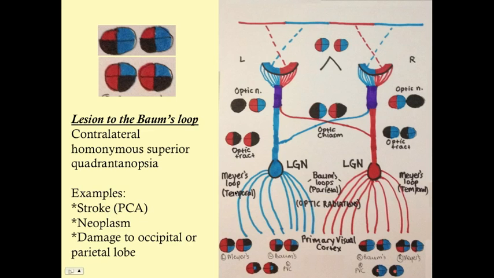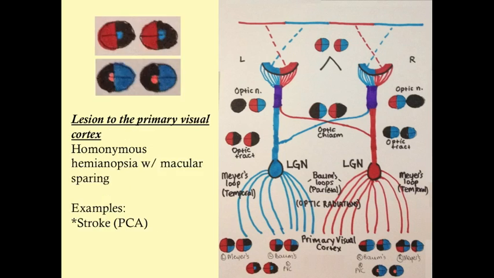Now, if you have damage to your primary visual cortex, that's also going to cause homonymous hemianopsia, because just like damage to the visual tract, you're causing damage to all these neurons that the optic tract contained. So if you have an optic tract lesion, you're going to get homonymous hemianopsia, and if you get a primary visual cortex lesion, you're going to have homonymous hemianopsia, because all of these nerves were once part of this optic tract.